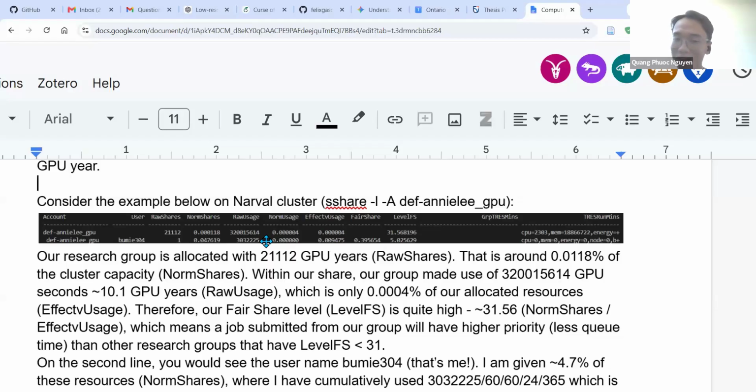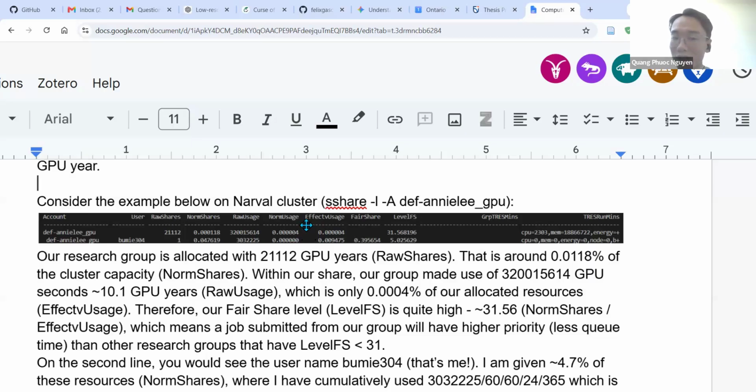Or you can also relate back to the normalized usage, which, if you multiply by 100, will be the percentage of usage that we have used compared to our allocated share on a specific cluster.